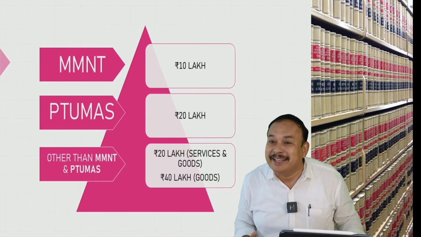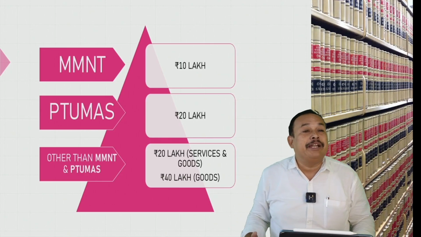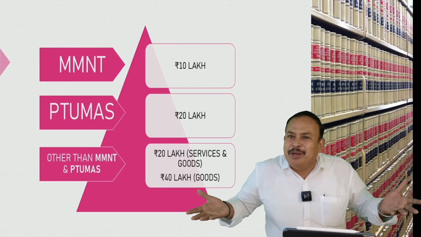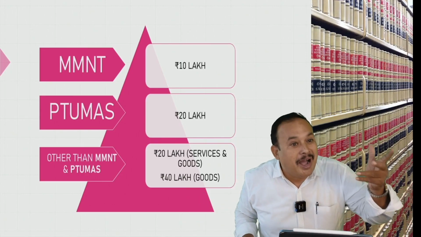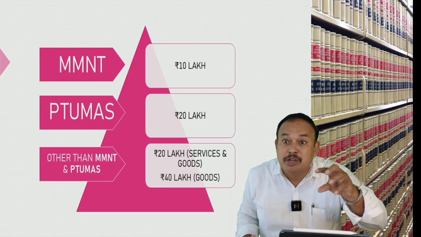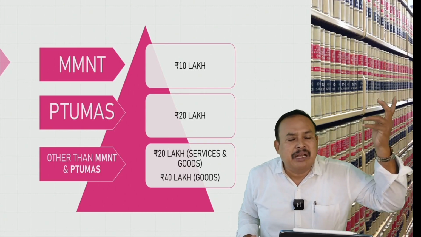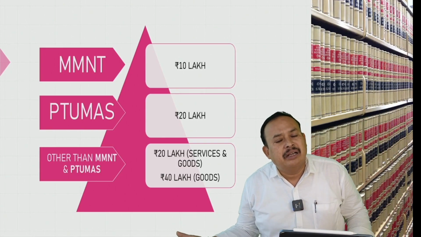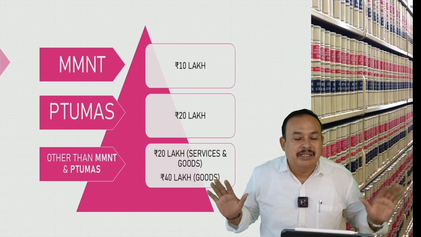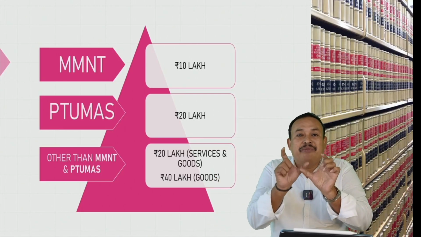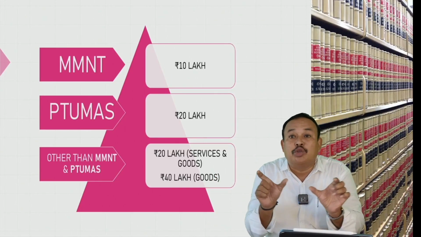Coming to the rest of India, other than MMNT, other than PT UMAS. Let us take Tamil Nadu, Goa, Andaman Nicobar Islands, Delhi, Bihar, West Bengal, Kerala, as the case may be. Here you have to bifurcate the persons into two groups.